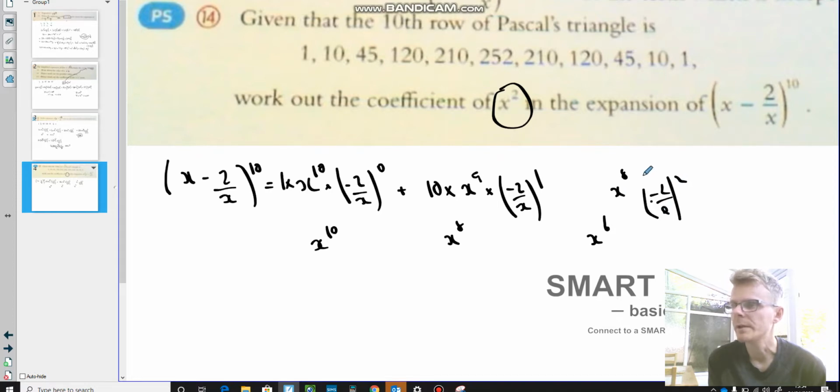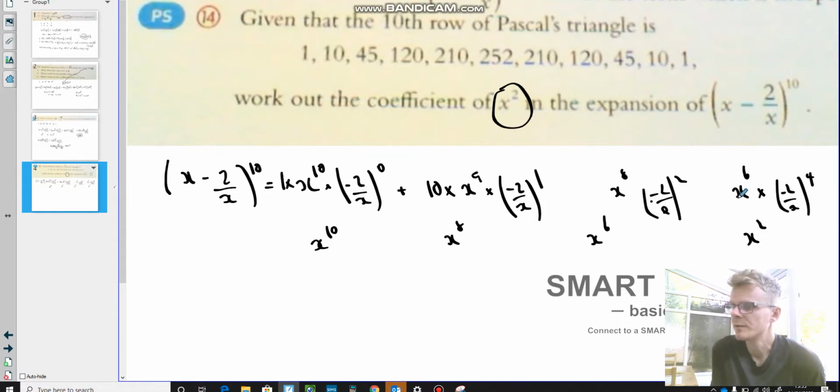And I want to keep going until I get x squared, so to get x squared I'm going to need the x to the power of 6 term, then cancelling, so we've skipped one here, we'd have to have minus 2 over x to the power of 4, so you get x to the power of 6 times that, and then the x to the power of 4 term would cancel with it to get us down to the x squared term.